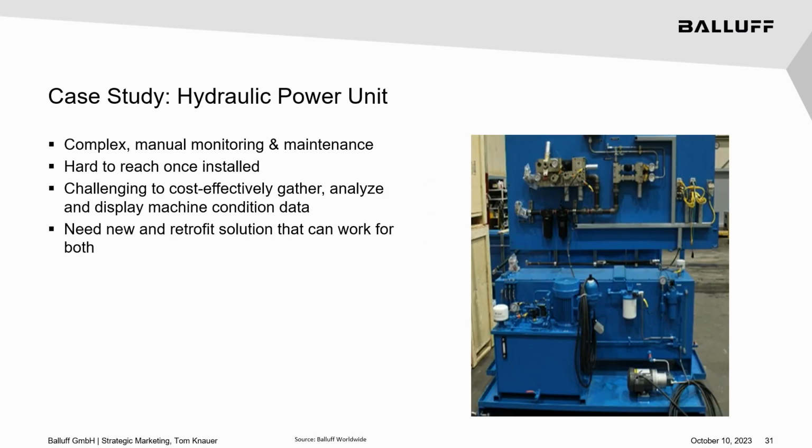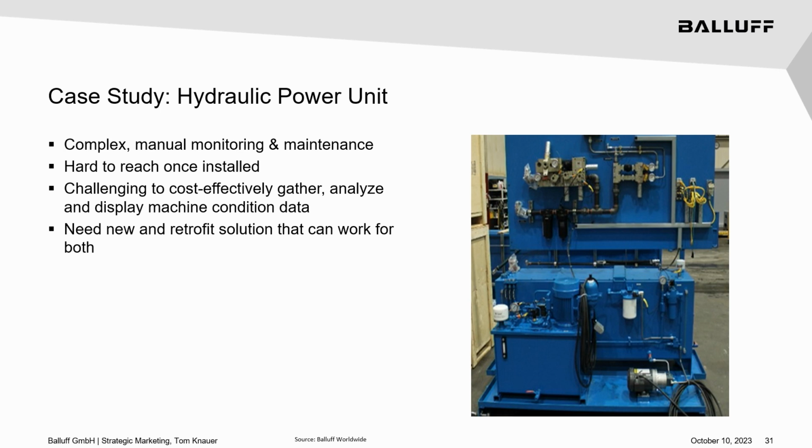Another customer has implemented this system on a hydraulic power unit. And the challenge here is that these are often placed in hard to reach places. There's a lot of different parts of the system that need to be monitored. And in this case, they're monitoring vibration on a motor and a pump, for example. They're also monitoring pressure and flow in the hydraulic system itself.